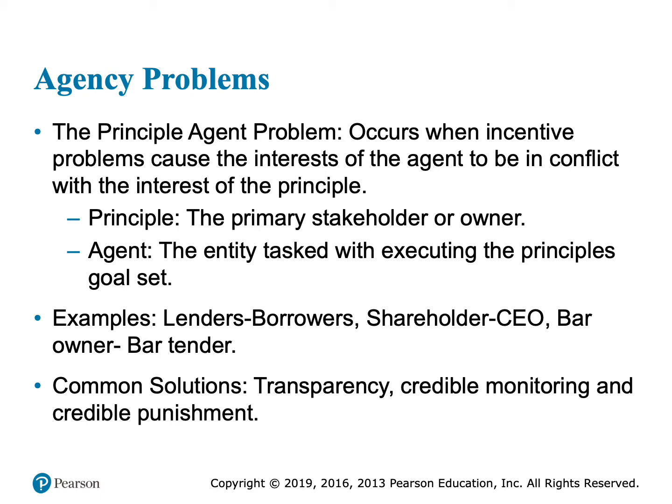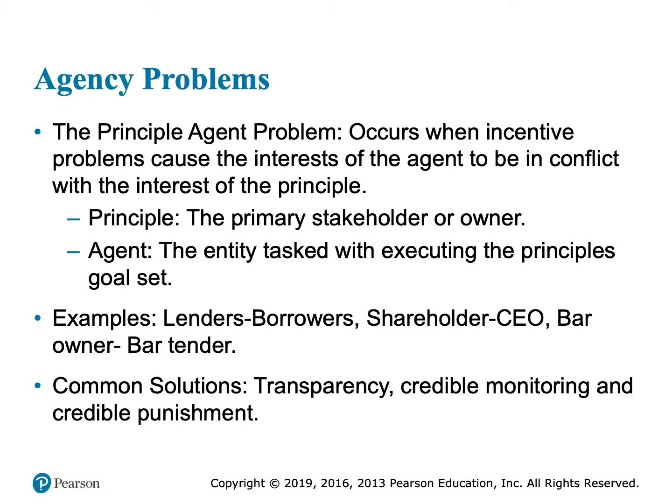But the bartender may have a misalignment of incentives because, of course, the bartender wants to make tips. So perhaps the bartender gives away free shots of alcohol in order to ingratiate himself with the consumer, and therefore receives large tips for giving away the bar owner's liquor for free, essentially robbing the bar owner, right?